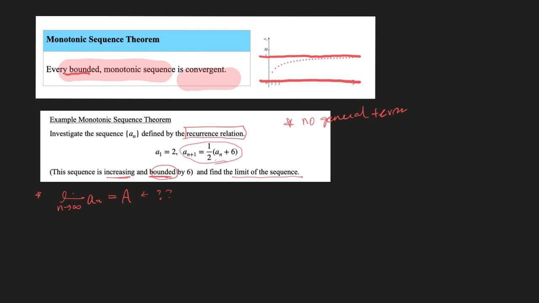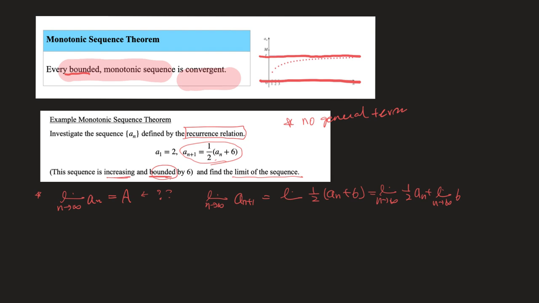So we're using this one, guys, okay? Take the limit of both sides: the limit of a_(n+1) equals the limit of 1/2 a_n plus 6. So this one is the limit as n approaches infinity of 1/2 a_n plus the limit as n approaches infinity of 6. Let's think about what limit means. Limit means end behavior, right?